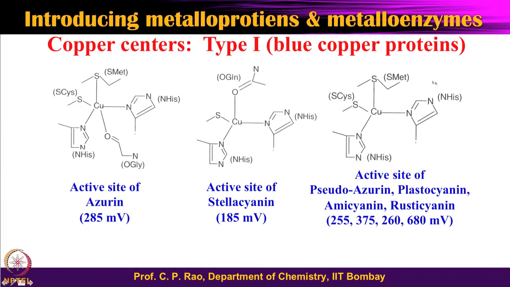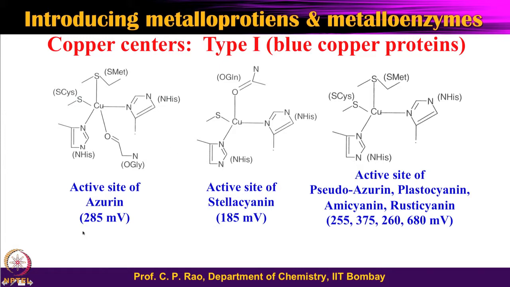This will be very strongly blue in color, because of the charge transfer from thiolate to the copper 2 plus center. This is 5 coordinated, roughly trigonal bipyramidal but distorted. This is distorted tetrahedral, this is also distorted tetrahedral. So, you have generally 4 and 5 coordination.